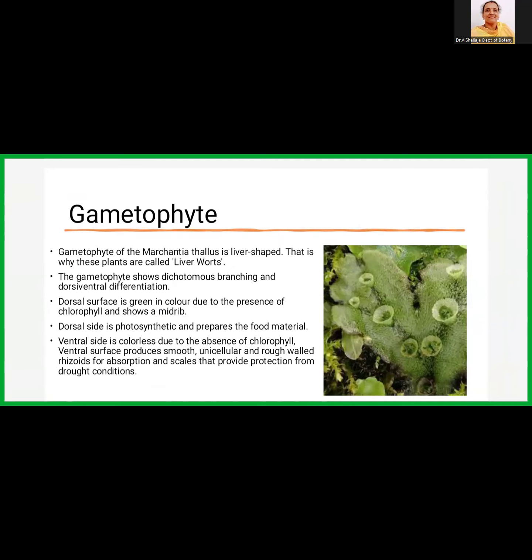Marchantia polymorpha is a widely distributed species. There are 11 species reported from India. First we are going to discuss the introduction of Marchantia. This is a gametophytic plant.